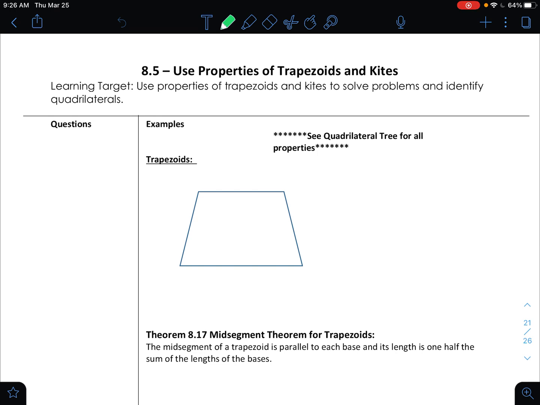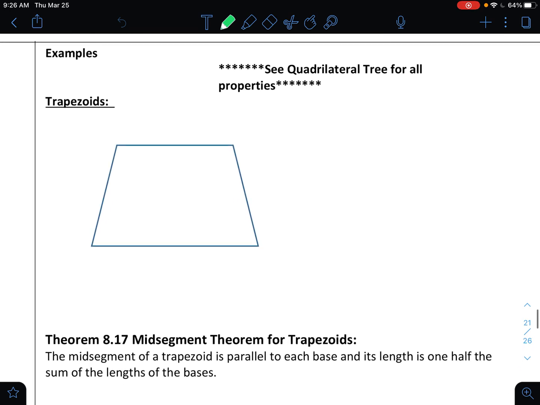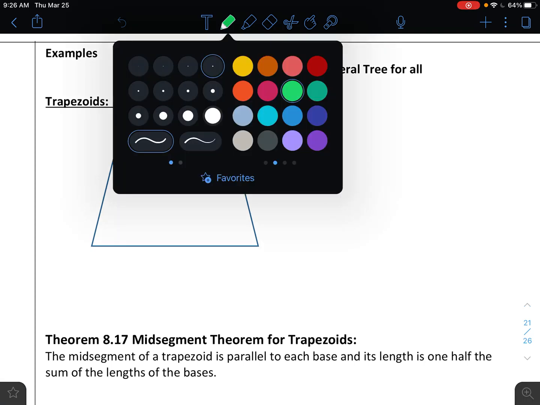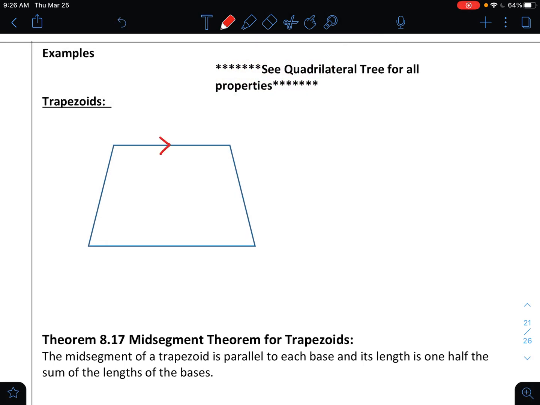All right, so I want to start with this diagram and add to it and compare it to the properties we just wrote down. Okay, so here is a trapezoid. So I want you to label some vocabulary here. Well, first of all, let's put on the parallel side. So in this particular trapezoid, I have the top and bottom are parallel. So that's the basic definition of a trapezoid.